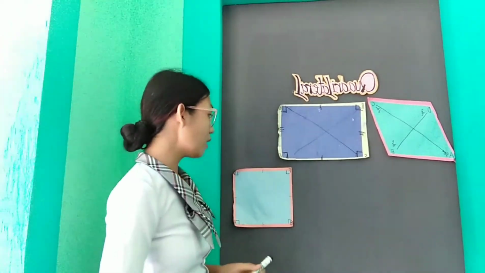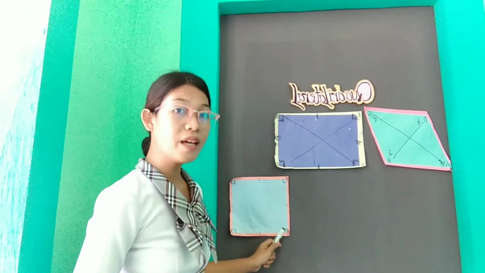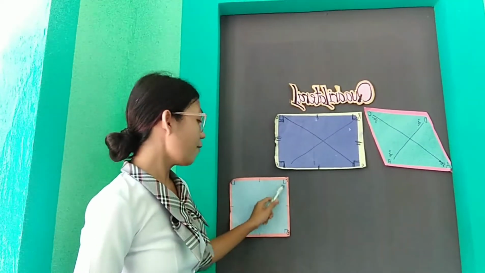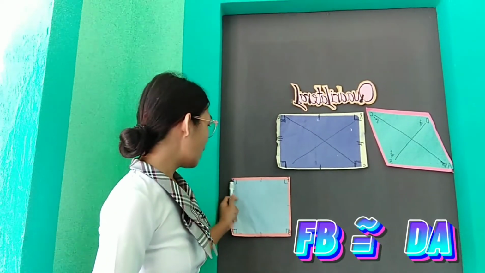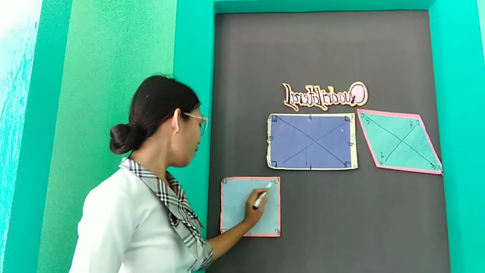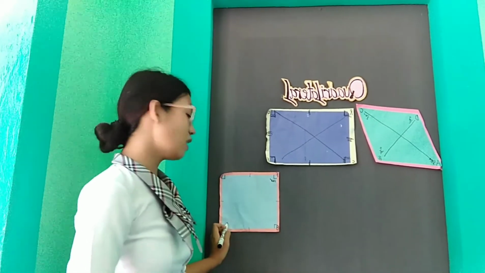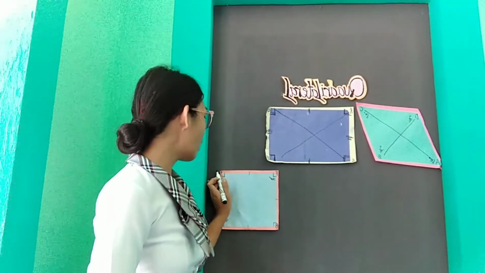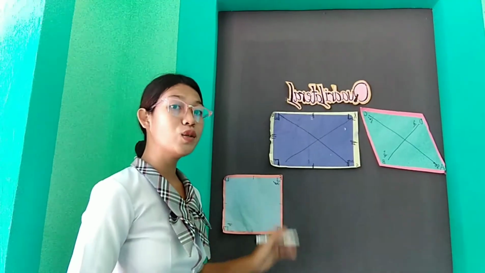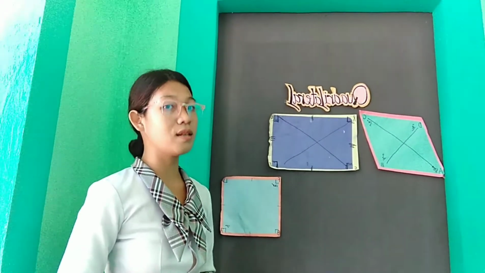As you can write this, FD is congruent to BA and FB is congruent to DA. If the value of F and A is 90 degrees and the value of D and B is also 90 degrees, it equals 360 degrees.